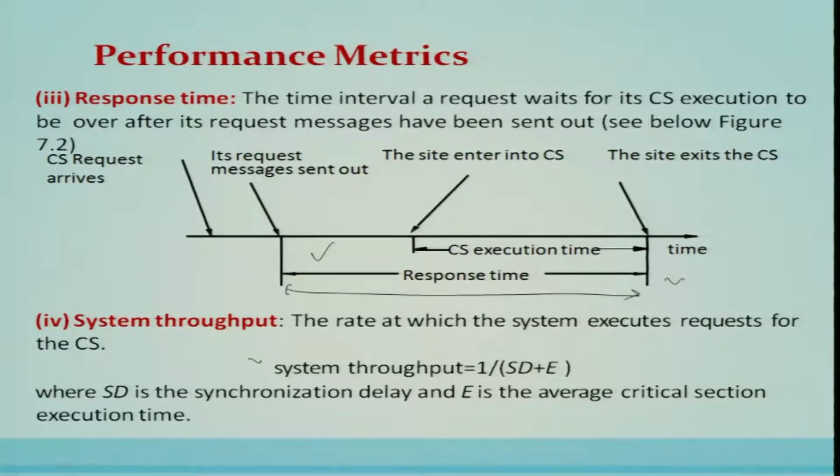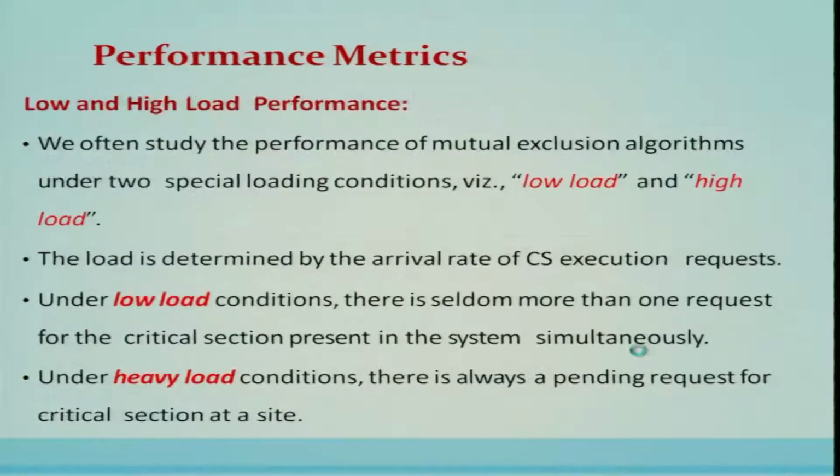System throughput can be calculated using a formula, that is 1 by (SD plus E), where SD is the synchronization delay and E is the average critical section execution time, and that will compute the throughput of the critical section execution.